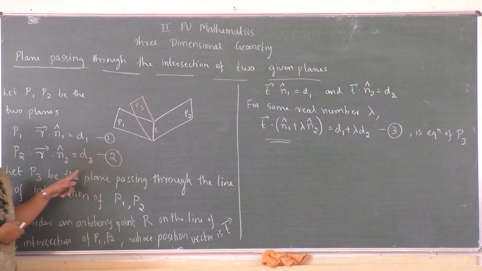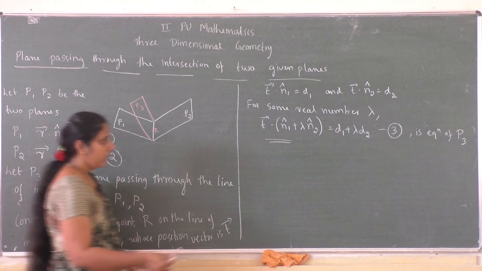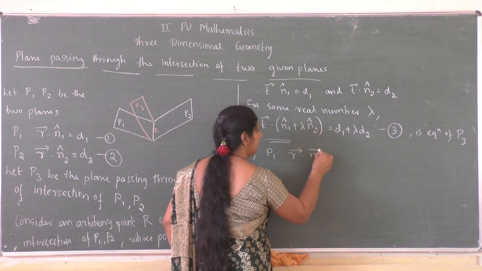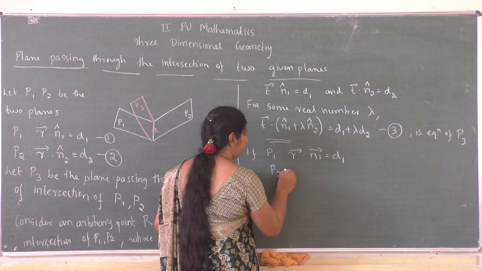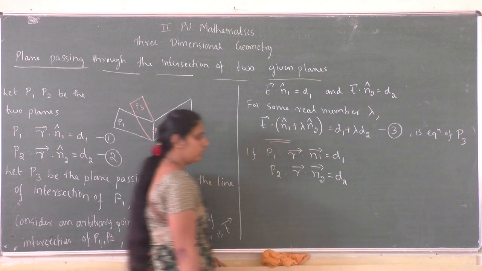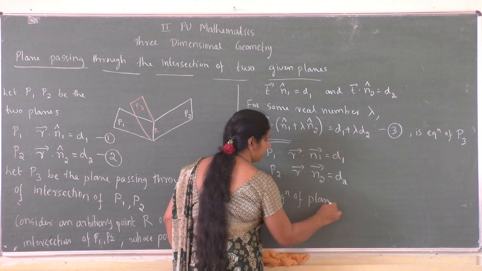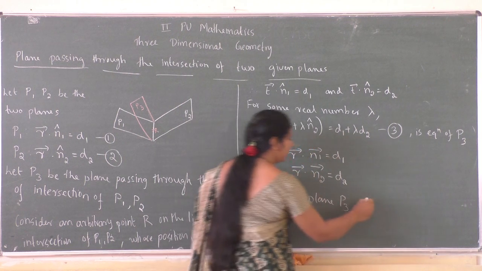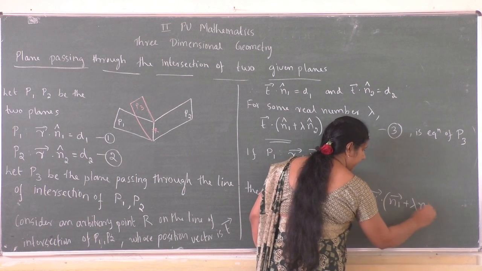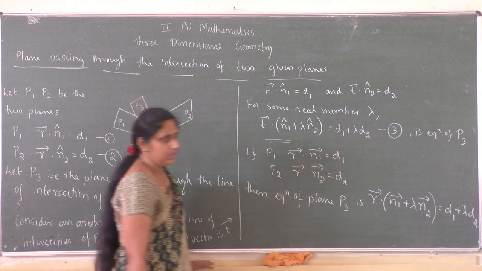If the equation of the planes in normal form, that is r vector dot n1 cap equal to d1 as well as r vector dot n2 cap equal to d2, that is, plane P1 is r vector dot n1 vector equal to d1 and equation of plane P2 is r vector dot n2 vector is equal to d2, then the equation of the plane P3 you can write in the form r vector dot n1 vector plus lambda times n2 vector is equal to d1 plus lambda times d2.